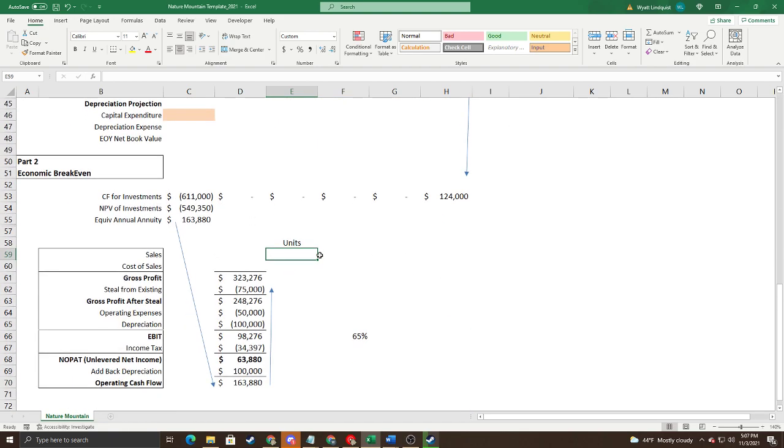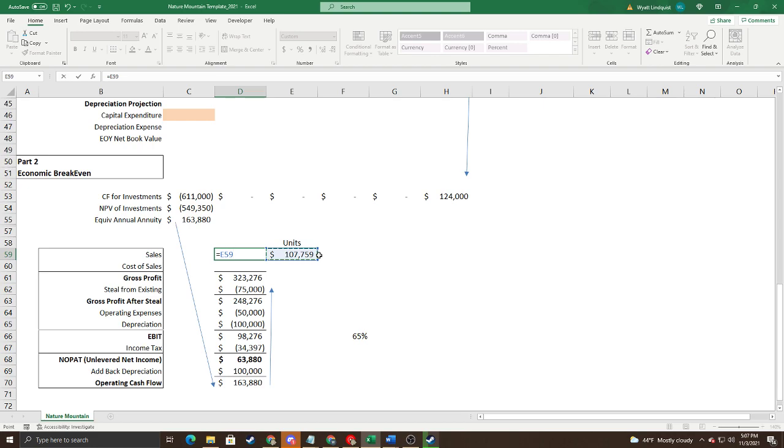So what we're going to do is we're going to do the gross profit, and then we're going to divide by $5 per unit minus $2 per unit, or 3, to get 107,759 units, which is how many units we're going to need to sell every year to break even.